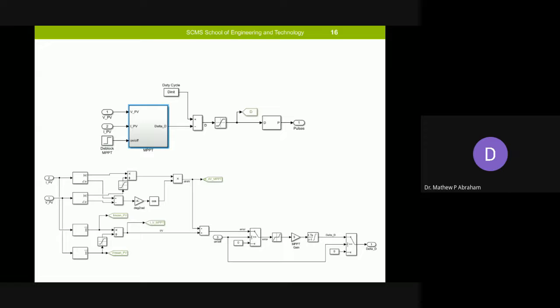So just to have a glance at what blocks are available inside the MPPT, this is a glimpse of the MPPT algorithm we have.